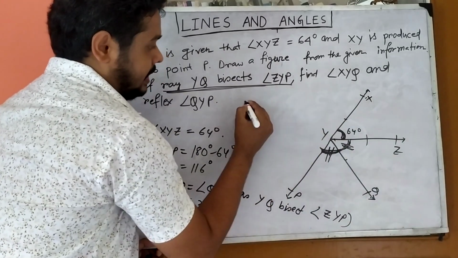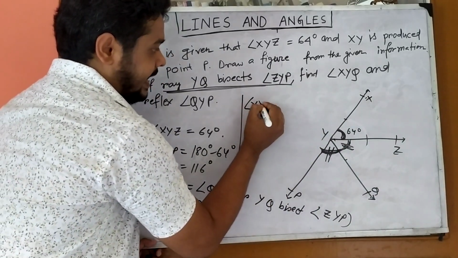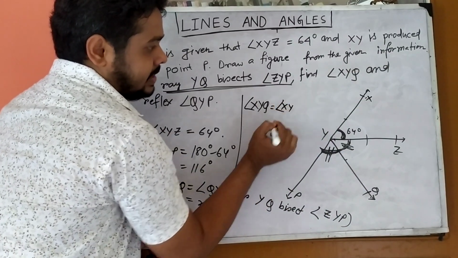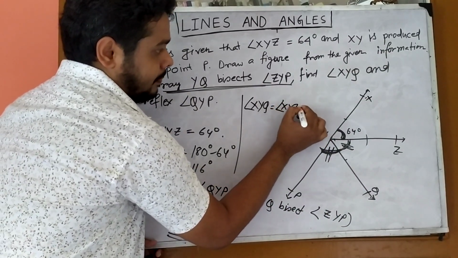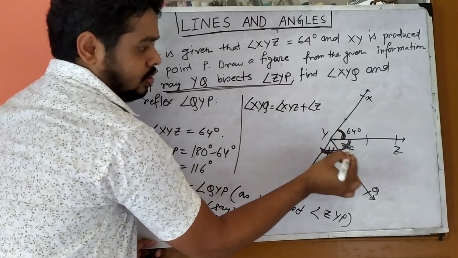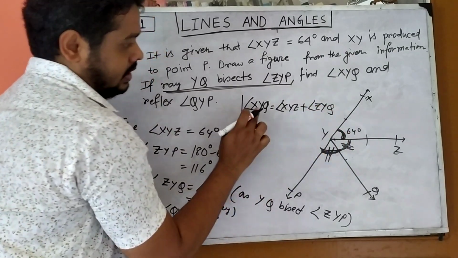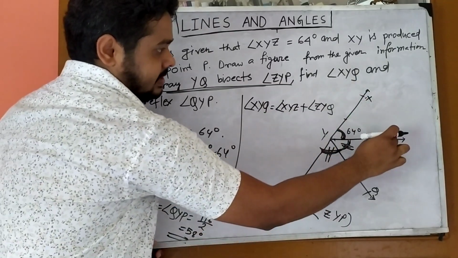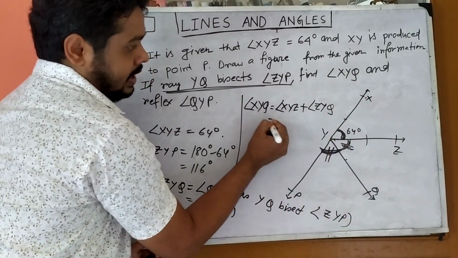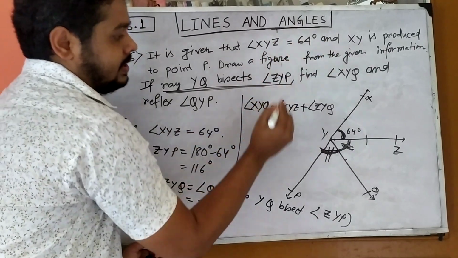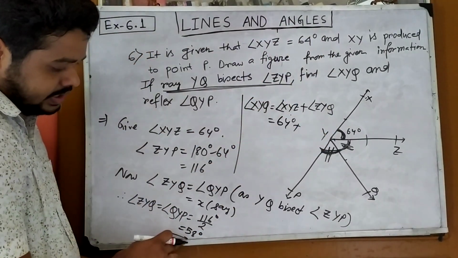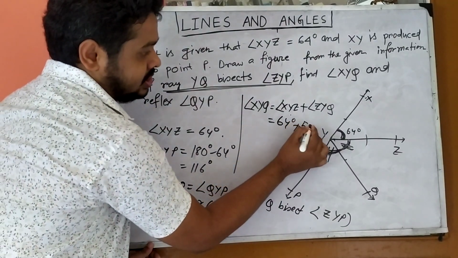Now angle XYQ. XYQ means angle XYZ plus angle ZYQ. The value of XYZ is given as 64 degree, and the value of ZYQ we already got as 58 degree.